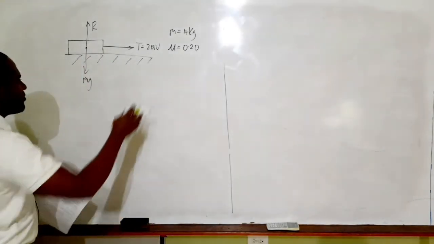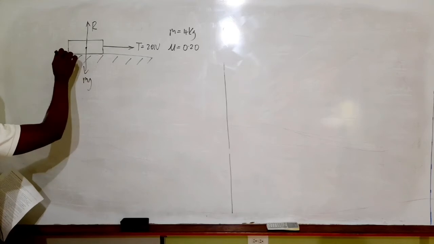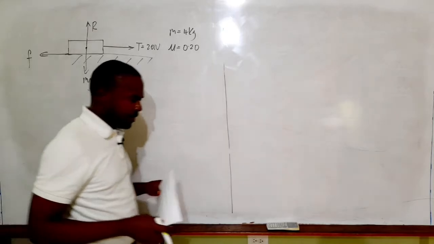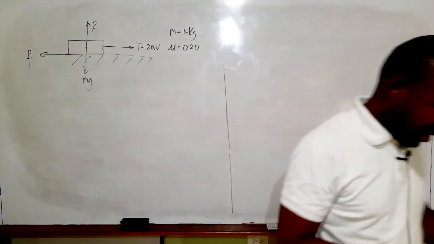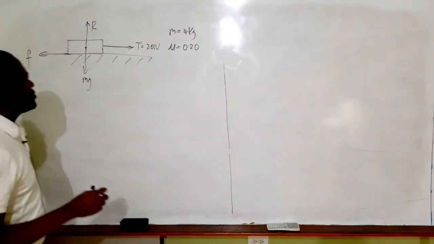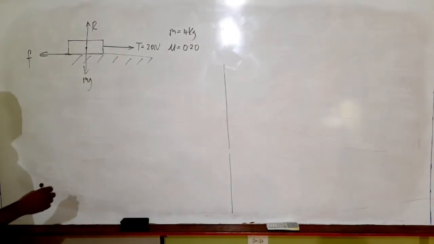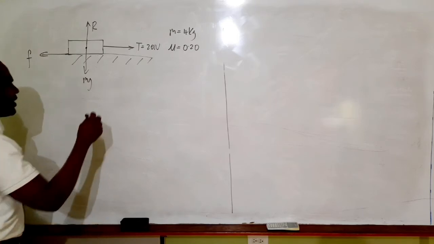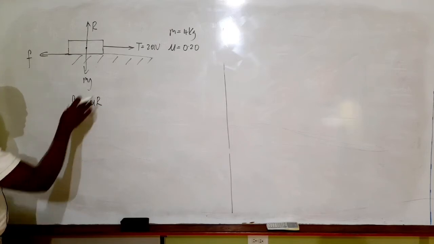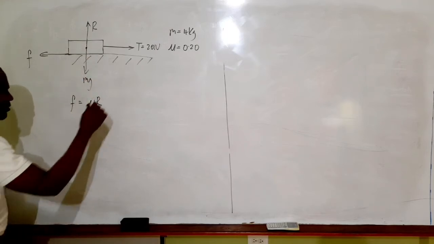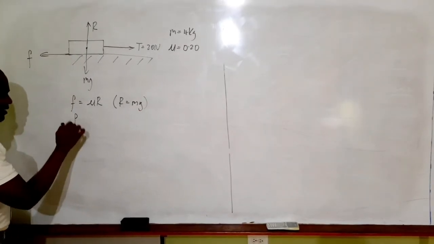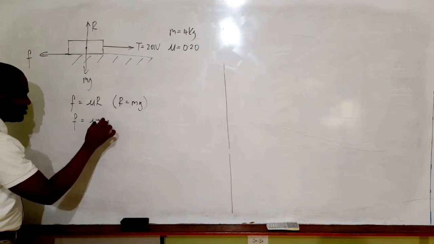Now, because there's a coefficient of friction, there will be a frictional force opposing the body's motion, and we must work out that frictional force. The relationship between the coefficient of friction and the frictional force is F is equal to mu R, where the normal reaction R is equal to mg, and so F is equal to mu mg.